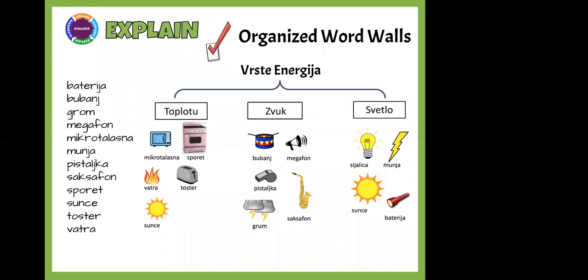And even more than that, the first one is forms of energy that are heat. The middle one is sound, and the last one is light. I'm hoping that you pick that up just by the organization in the pictures. So once you start creating your word walls, make sure that you organize the way you add the words.